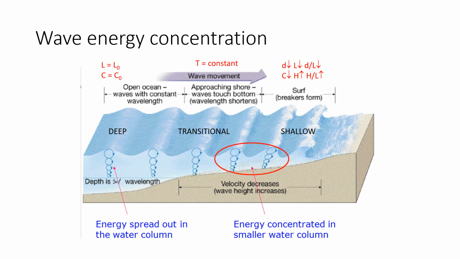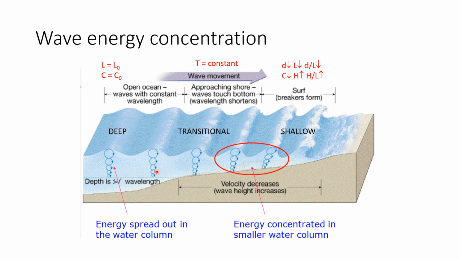And you notice that here the orbital motion begins to interact with the seabed. In the deep water region, since the water depth is too large, it's not important to the wave. So the wave celerity or wavelength depends only on the wave period.